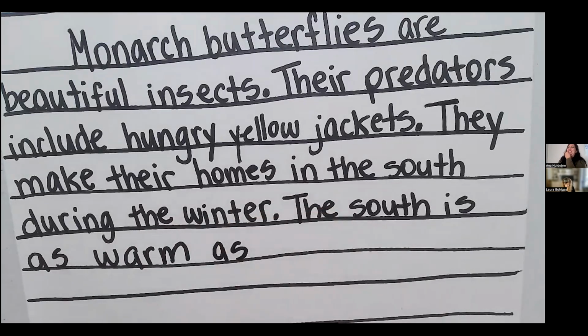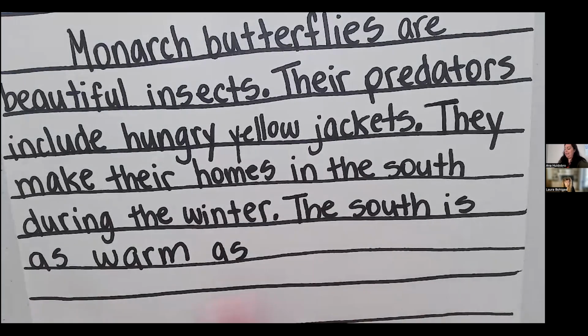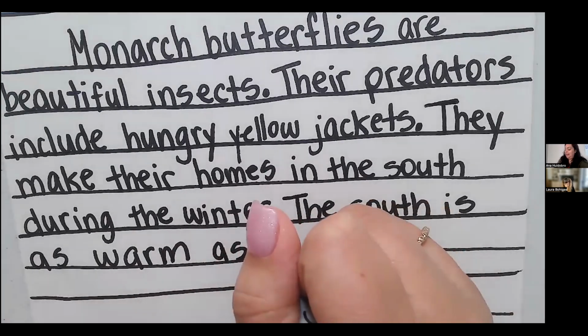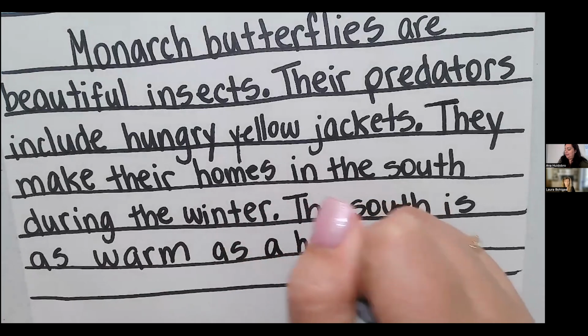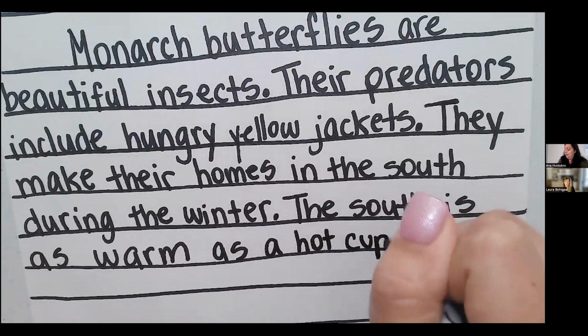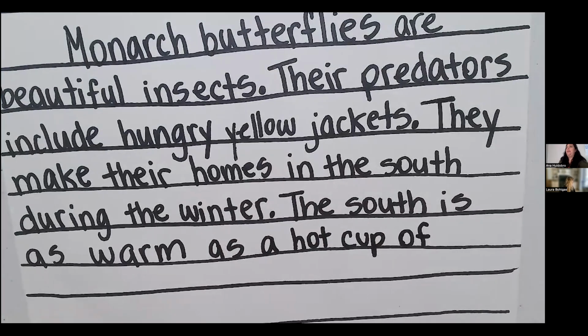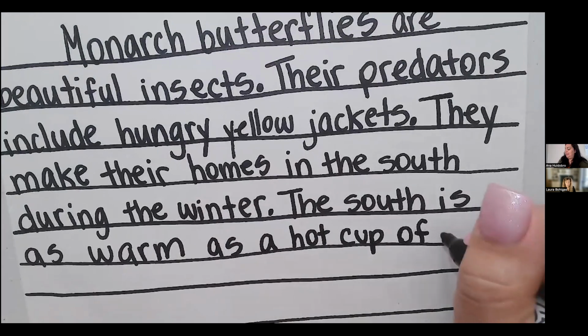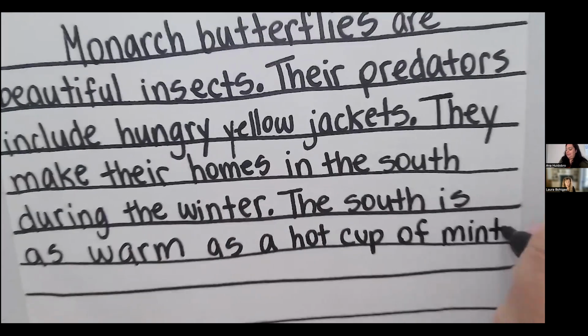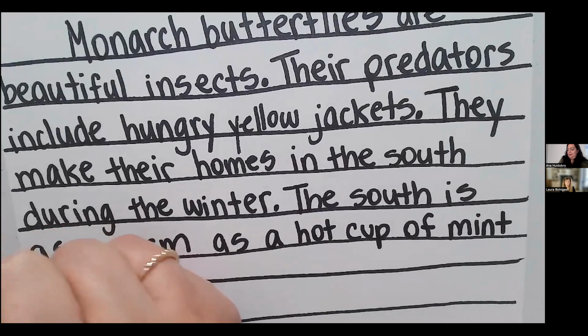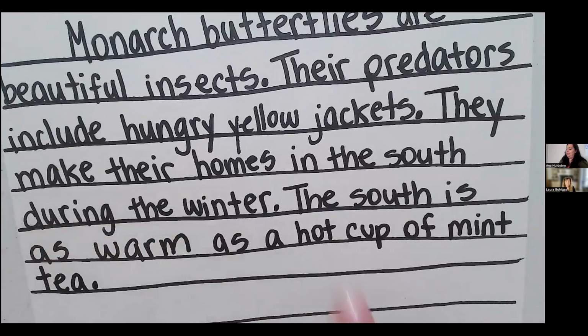I guess I could say the sun, but I feel like everyone does the sun. I know. The sun is as warm as a hot cup of, I was going to say a hot cup of tea, but what's my favorite tea? I think my favorite tea is mint tea. The South is as warm as a hot cup of mint tea.